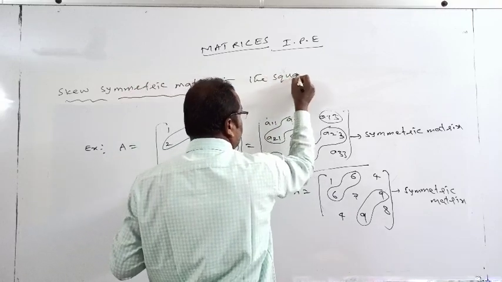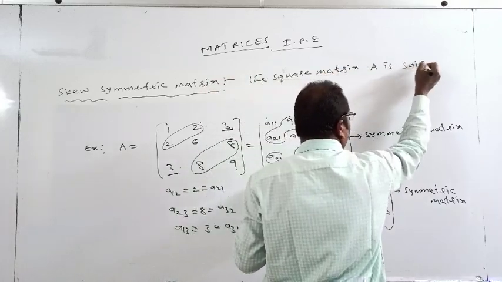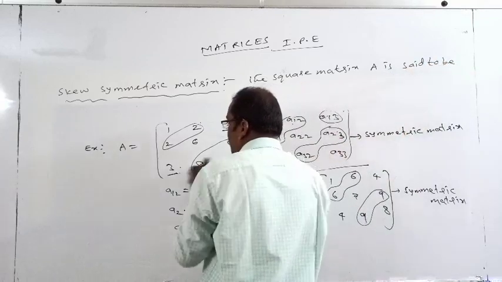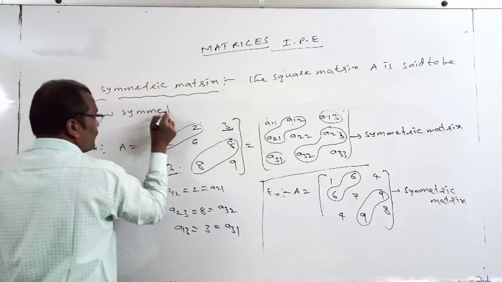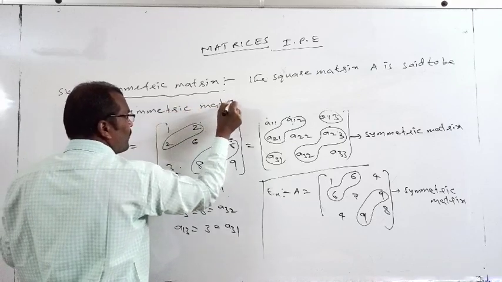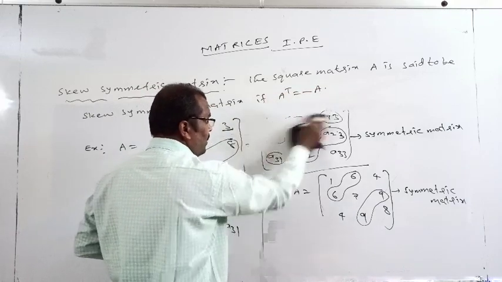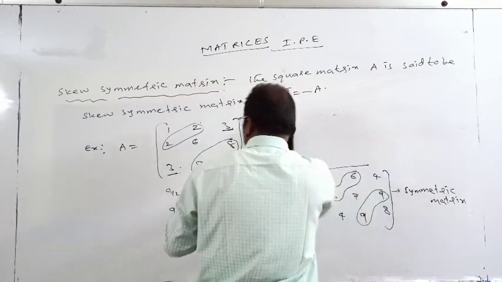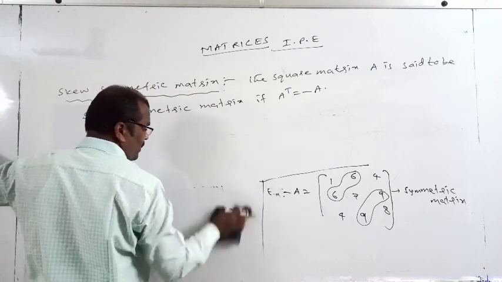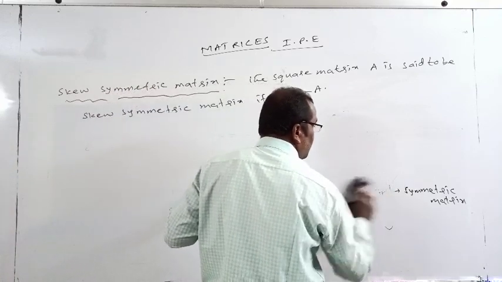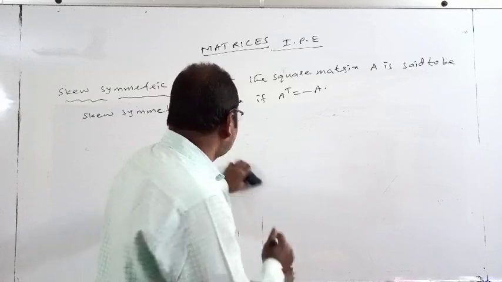The square matrix capital A is said to be a skew symmetric matrix if A transpose is equal to minus A. If A transpose is equal to minus A is satisfied by the given matrix A, then A is said to be a skew symmetric matrix.